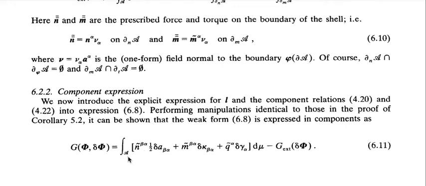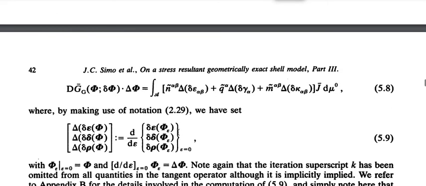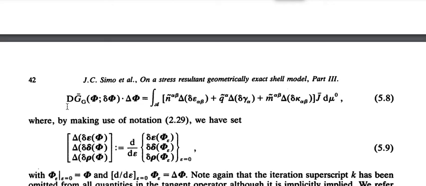Now how we are going to linearize this is like this. First we consider this as a nonlinear term, and this we treat as a constant term. That will form the material tangent term. Then we consider this as a constant term, and on this we take the linearization. So we apply the delta operator over this, and this we keep as constant, exactly as it is being shown over here.